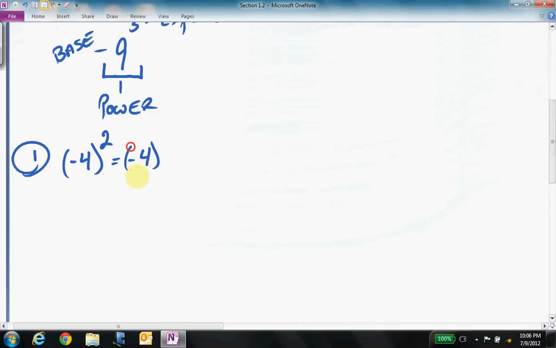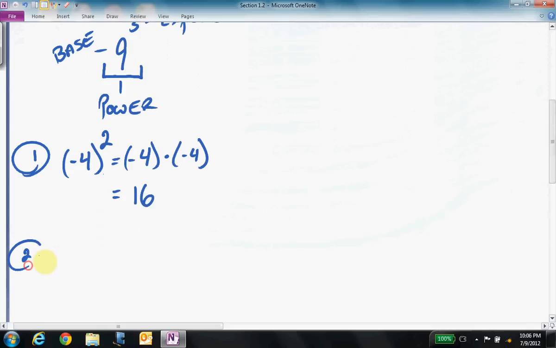So we have negative 4 times negative 4. And we all know negative times a negative is a positive. So this is actually positive 16. Alright, so what I'm going to ask you guys to do is please don't rely on your calculator. Use the knowledge that you have and know that a negative times a negative is a positive.